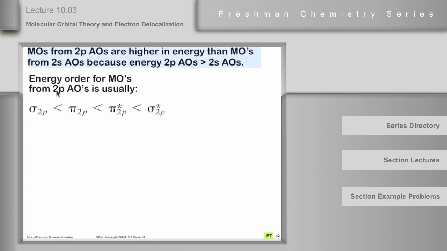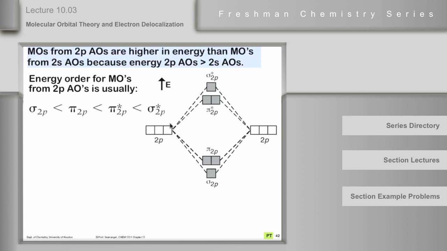So that would mean that the sigma 2p arrangement here would be the most stable, the pi 2p next, the pi star 2p after that, higher, and the sigma star 2p would be the highest, and this would all be above the molecular orbitals made from the 2s atomic orbitals.